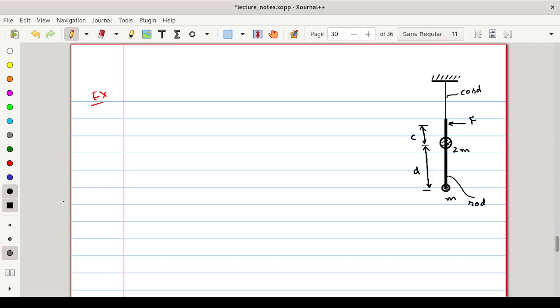Now we are asked to find two things. First is the acceleration of the center of mass. This is very easy.